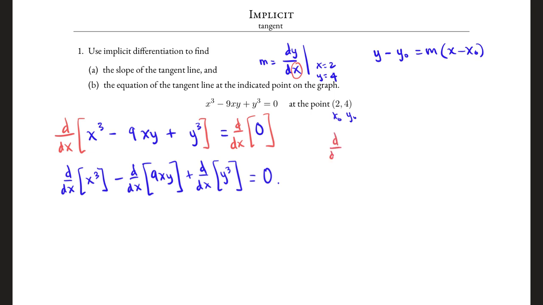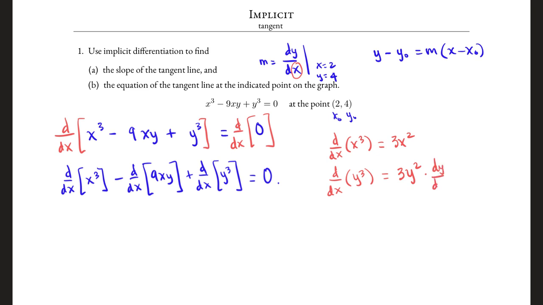The derivative of x cubed with respect to x is 3x squared. The derivative of y cubed with respect to x is, we take the derivative like we would normally do, 3y squared, but this is the derivative with respect to x of y, so we would need to use the chain rule.